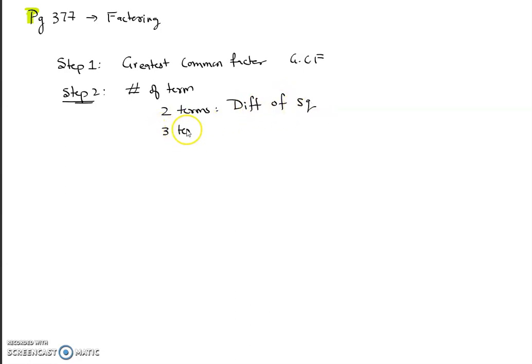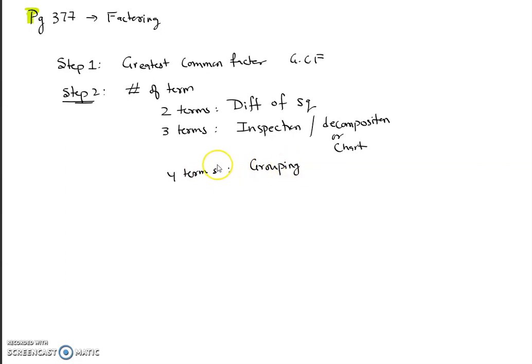If you see 3 terms, we use either inspection, or another option depending on the kind we have, which is either decomposition or chart. And if you have 4 terms, then we use a method called grouping. Obviously these things don't make sense right now, but we are going to go through each of these examples.